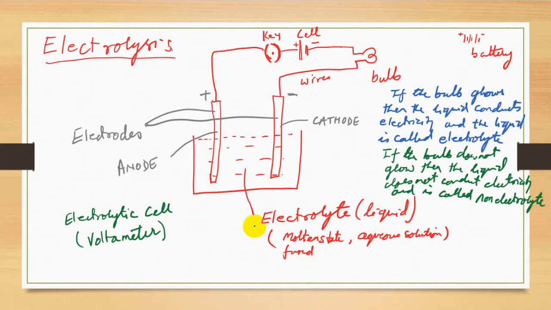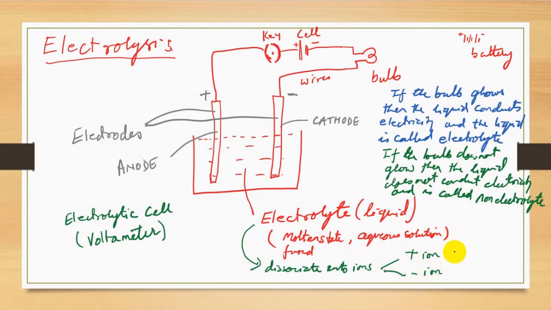So this electrolyte has to dissociate into ions. When we are taking it in molten state, it has to dissociate into ions, or if I take it in aqueous solution, then also it has to dissociate into ions. When it dissociates, it forms a positive ion and a negative ion.